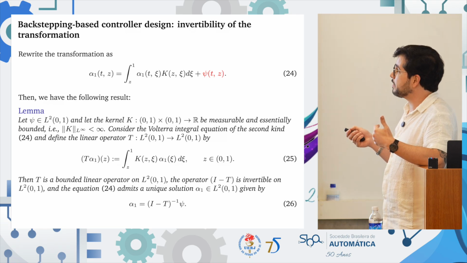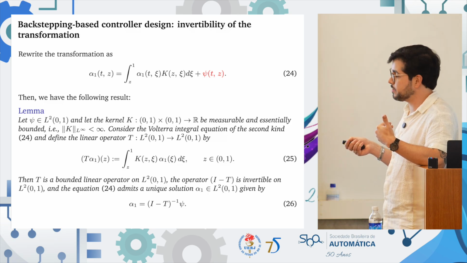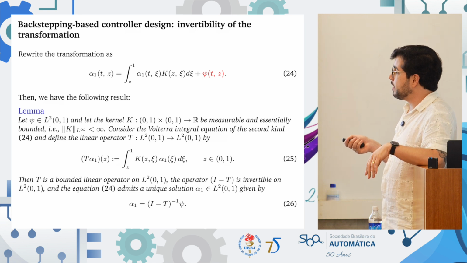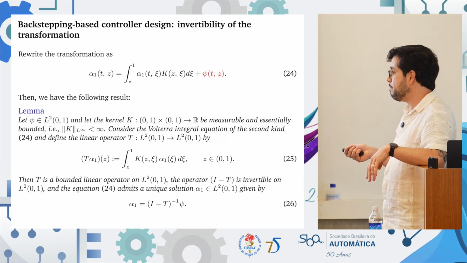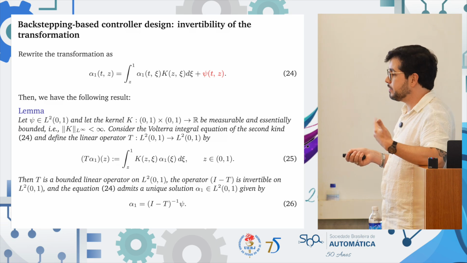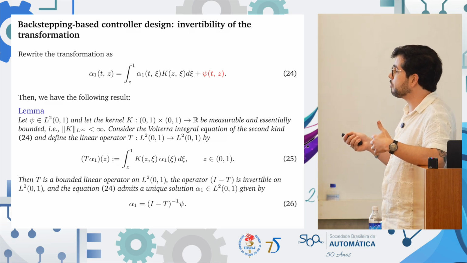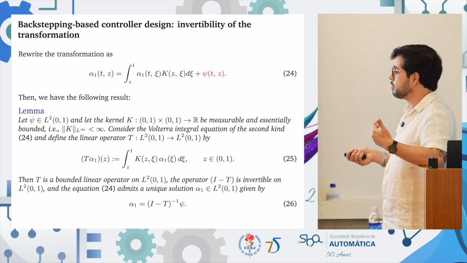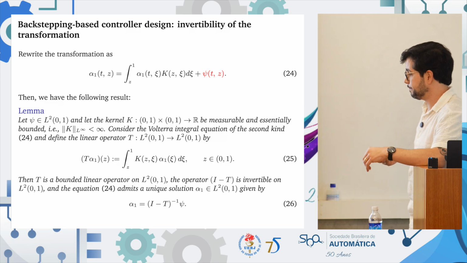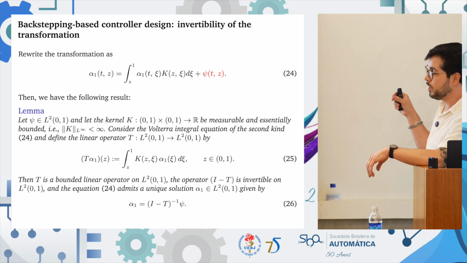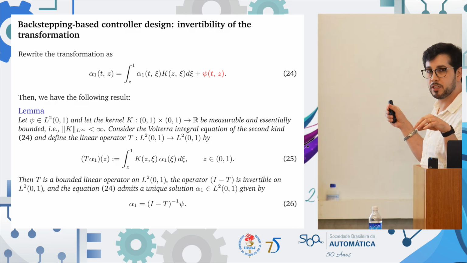So if we have the kernel of the integral here bounded, which means that the solution in the supremum norm is not infinity, then this integral operator is bounded in L2, and the operator I minus T is invertible in the space L2, and this equation admits a unique solution. So we have the invertibility property, okay? So it means that if I'm mapping 0 in the transformed system, I'm mapping 0 in the original system too.